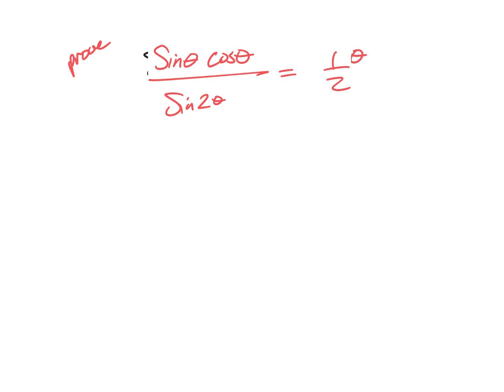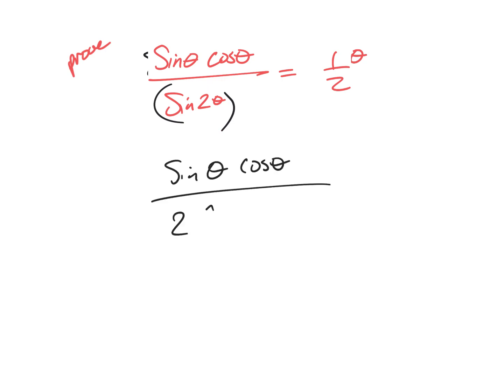Myung Hai, what do you say? Well, by using sine 2 theta, which is 2 sine theta cosine theta. Give me a second to copy that. Now what? I found out that sine theta and cosine theta cancel on both sides of the fraction, and that gives us 1/2. Pretty easy, wasn't it?